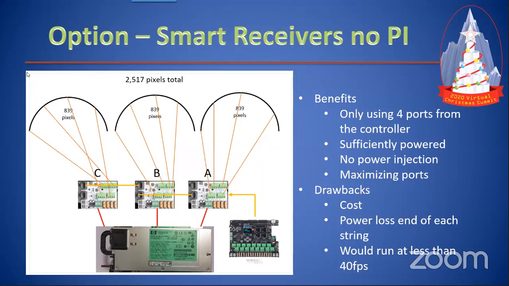So in turn, this essentially just became a 12 port controller, if you want to look at it that way. Right, so you turned your 4 ports into a 12 port controller that you can use locally. Obviously limited by the pixel count, but that's essentially what it became.